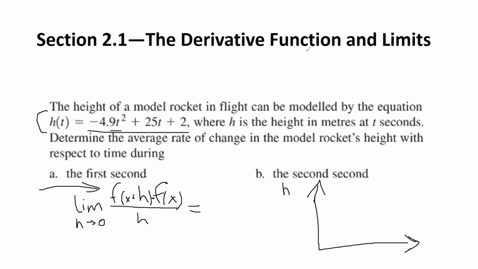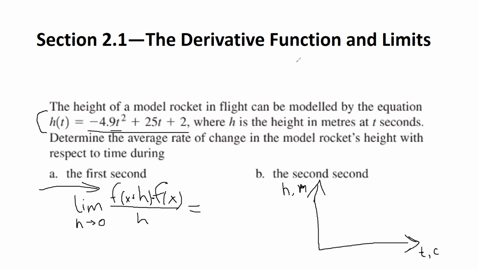It would be time in seconds, and let's say height in meters, right? Yeah. Meters. So h is the height in meters at t seconds. Great. We know the equation.